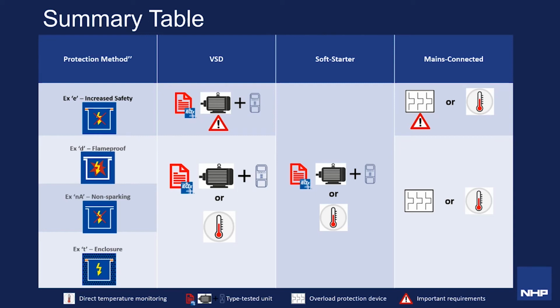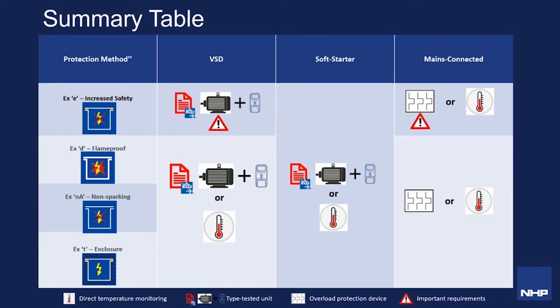Now the important requirements symbol, or the exclamation mark there, indicates that there are differences and things you need to take into consideration. So differences to the below other protection types. And there is no option for only direct temperature monitoring with a non-type tested VSD, like it is possible with the other protection methods.